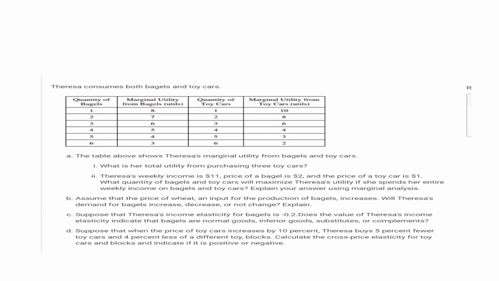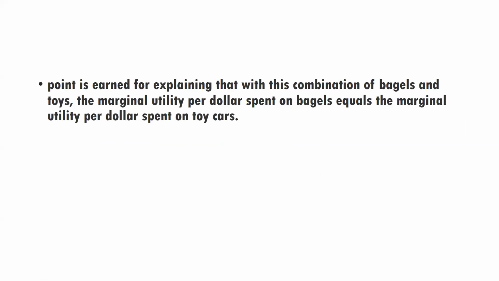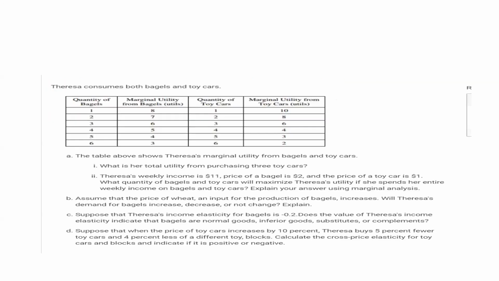Really explaining it is showing the calculation. I wrote down exactly what College Board wants, the perfect answer for them. If you show it, you're explaining that the marginal utility of bagels equals the marginal utility. So we just write down the formula. Yes. Okay. All right. Any other question on that one?